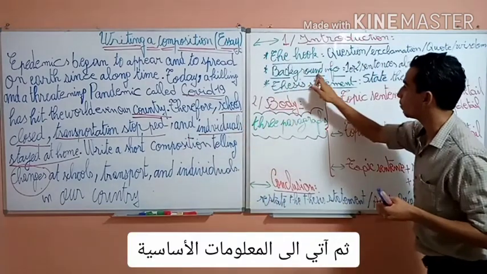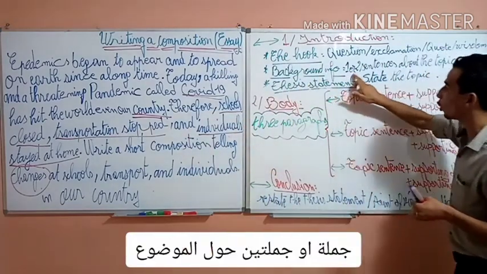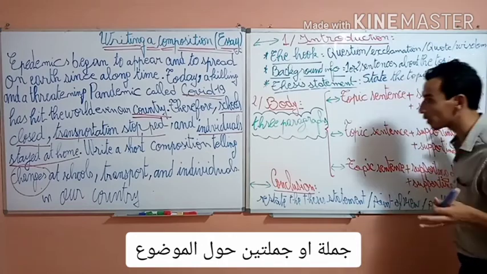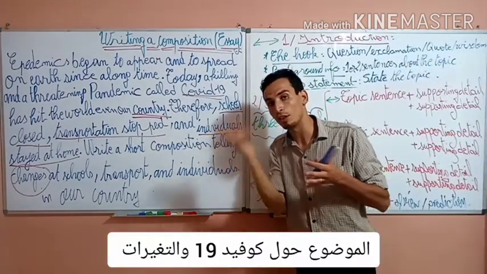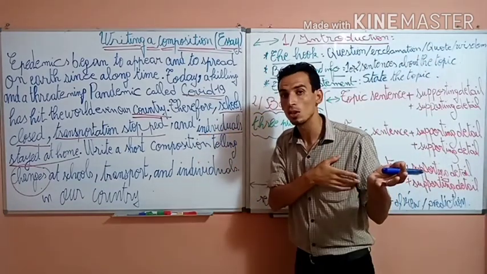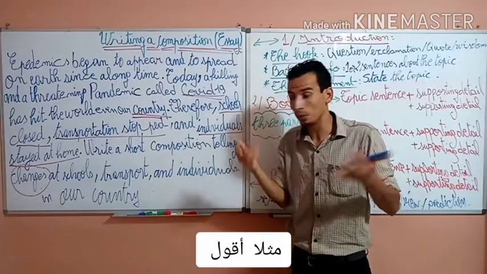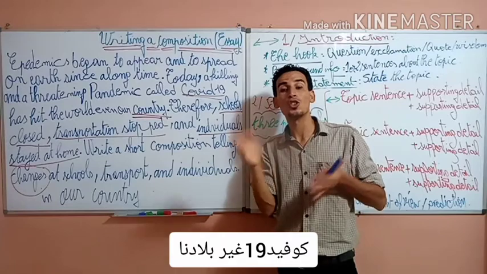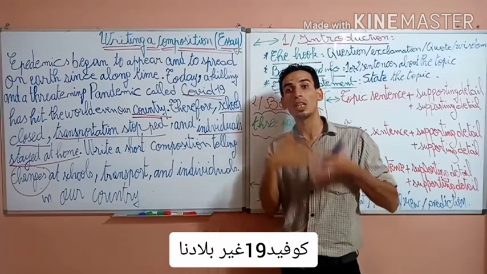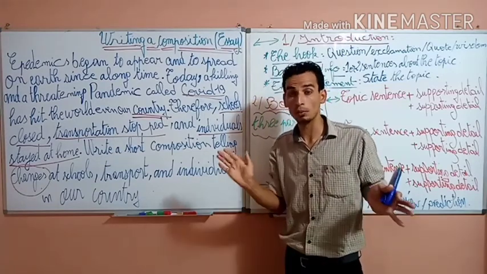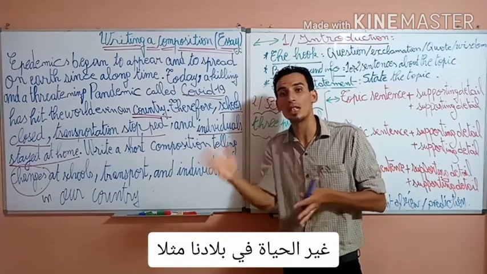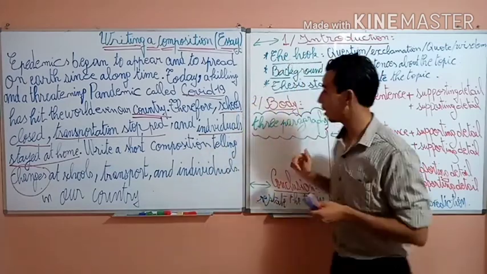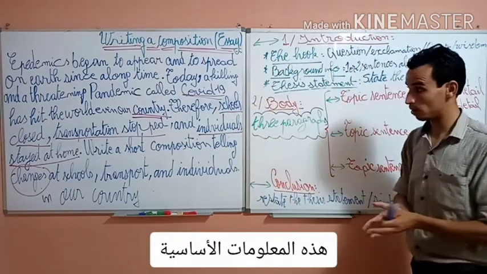Then I come to background information, 1 or 2 sentences about the topic. The topic, we have COVID-19 and we have the changes. So I write 1 sentence. For example, I say COVID-19 has changed our country. Example, has changed the life in our country. This is the background information.